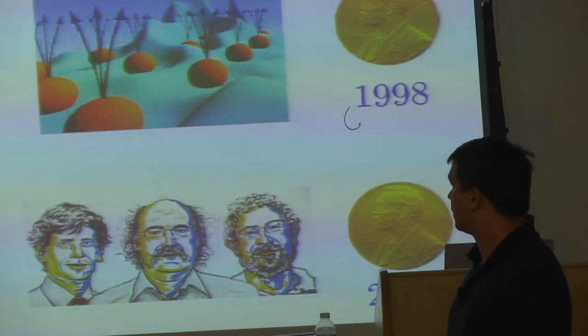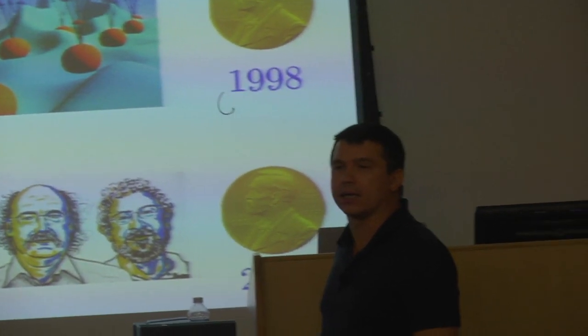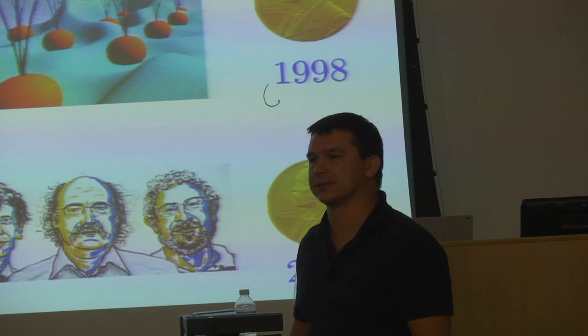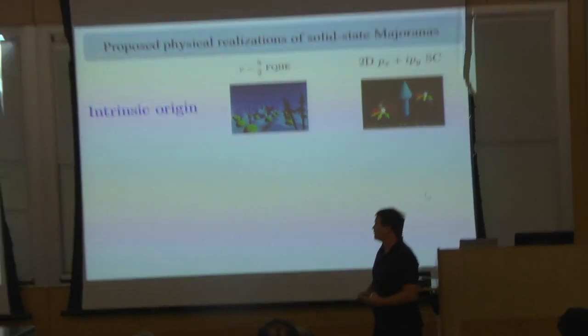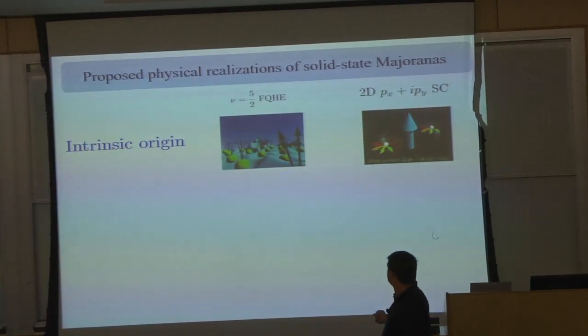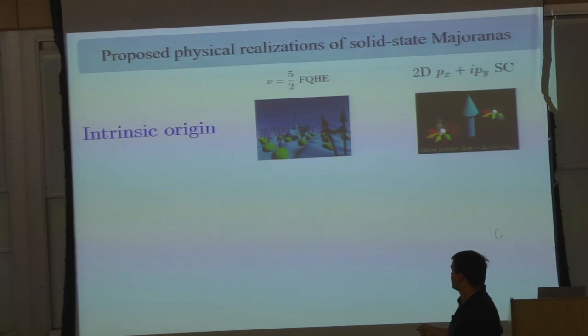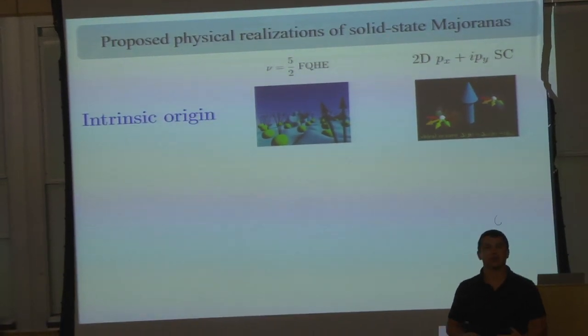So the phases that we care about and would like to realize are more complicated phases, as I mentioned, and these are the candidate systems which are known. The first class has this intrinsic origin.